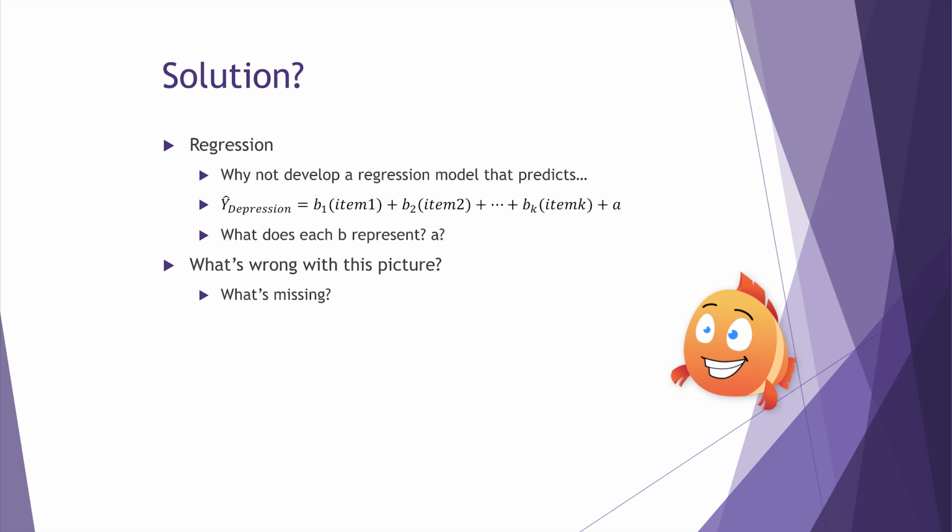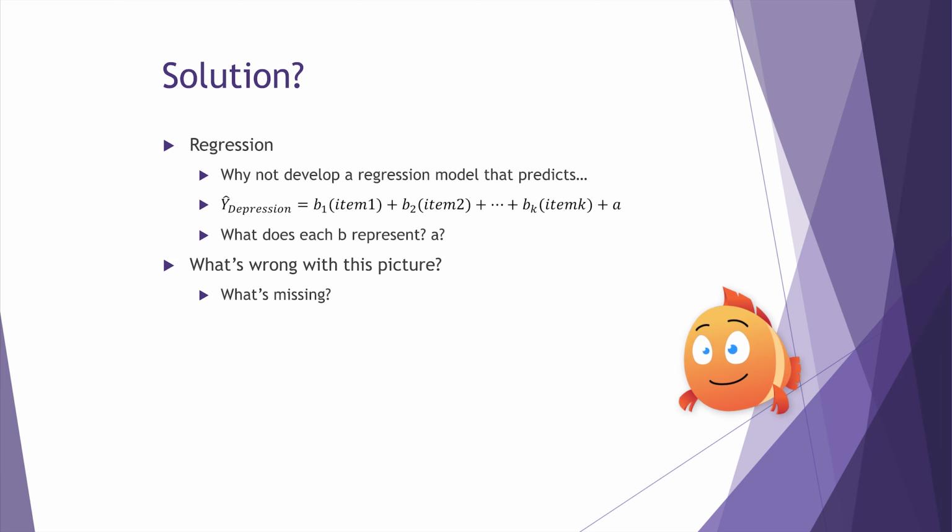Now, there's a bit of a solution here. Why not develop a regression model that predicts the concept of interest using the items on the test? If we were to illustrate this with depression, we would have y hat depression is a product of beta 1 of item 1 plus beta 2 of item 2 plus beta 3, etc., plus alpha.